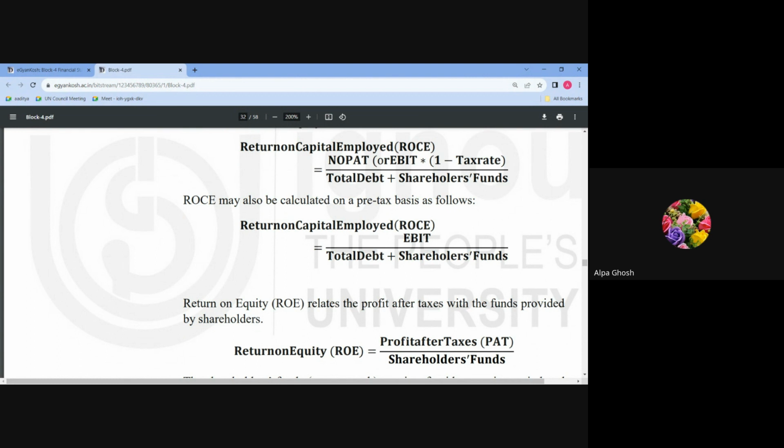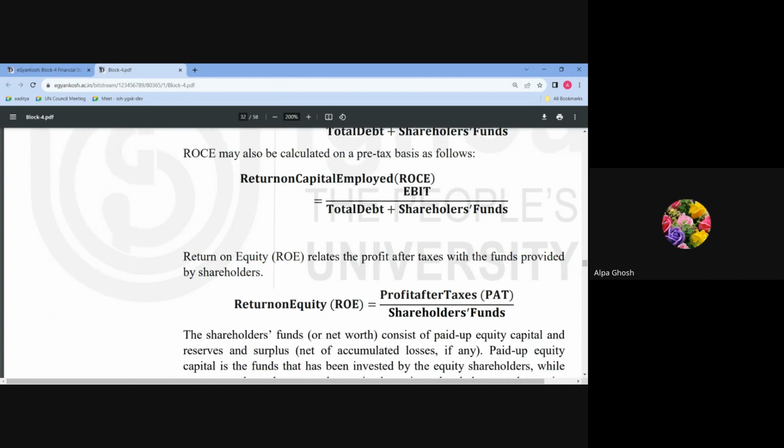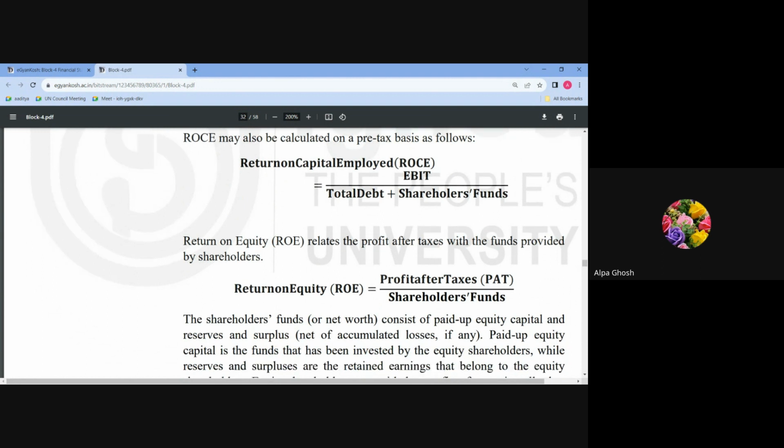In this we first go with earnings before interest and tax, divided by total capital employed. Debt is long-term borrowings, which we have seen as the loan from debentures, plus shareholders fund. Shareholders fund is equity share plus the reserve and surplus.